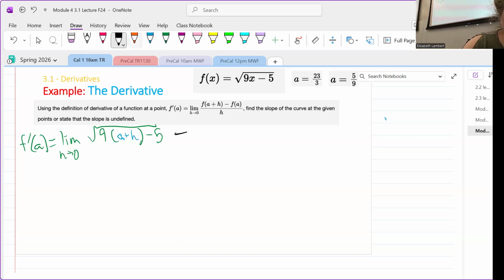Then we have minus f of a, which is the square root of 9a minus 5, and then we have all over h.